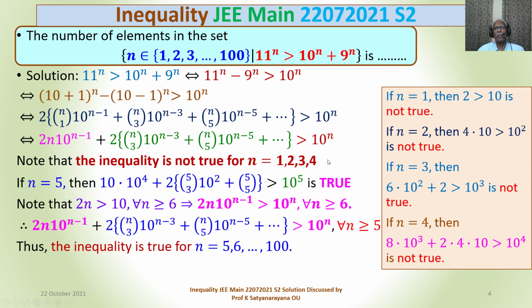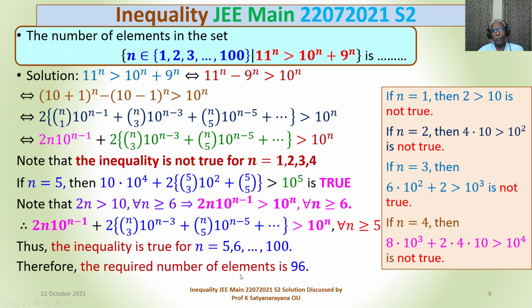From 1 to 100, for the first 4 numbers the inequality is not valid, and for the remaining it is valid. Therefore, 96 numbers from that set satisfy this inequality. Therefore, the required number of elements is 96. Therefore, our answer is 96.